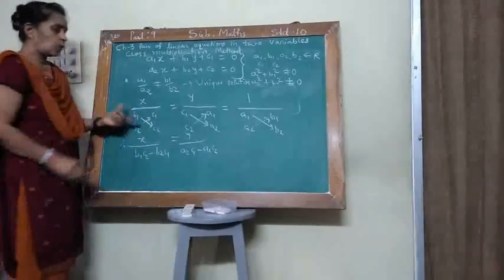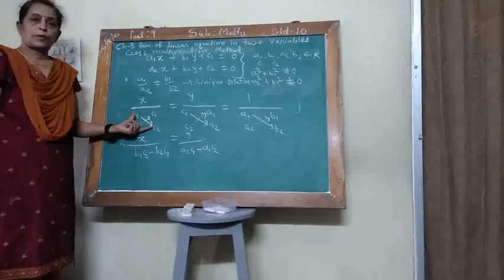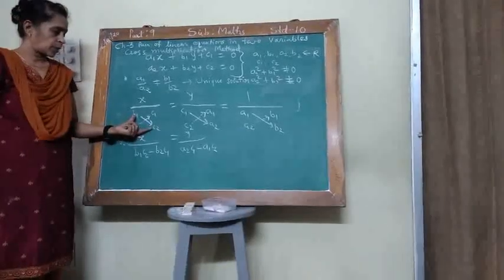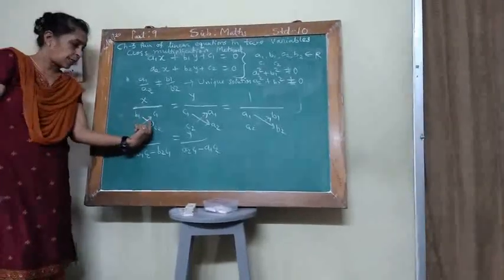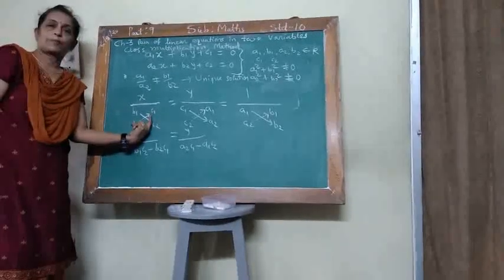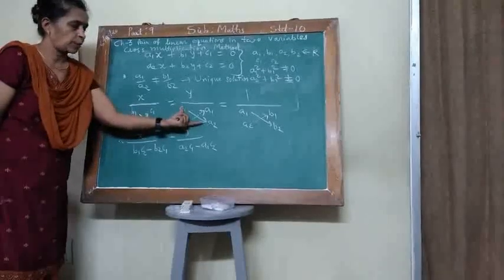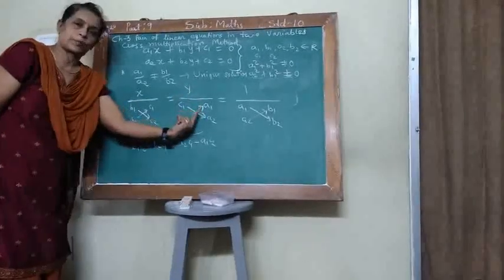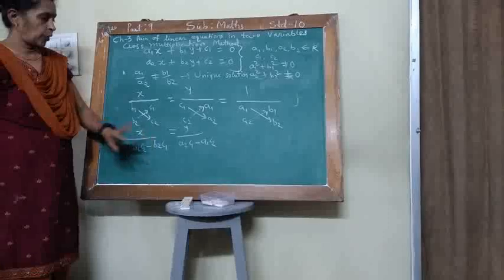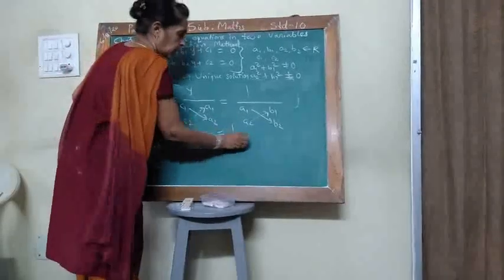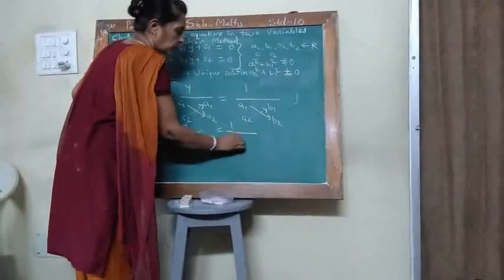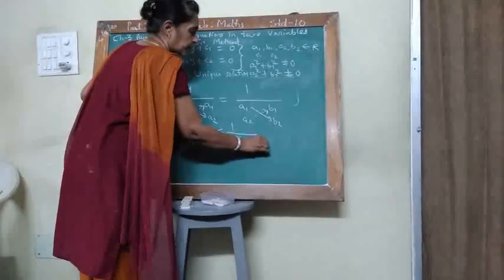Means you have to take the product of the numbers on the downward arrow minus the product of the numbers on the upward arrow. So this way you have to do subtraction, a1 b2 minus a2 b1.